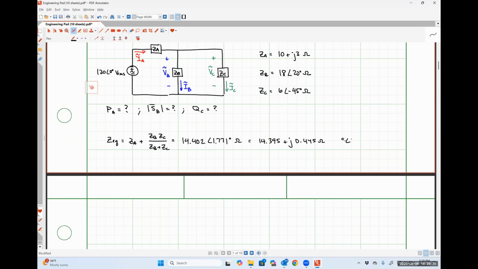And I'm going to store this in my calculator as T, for what it's worth.